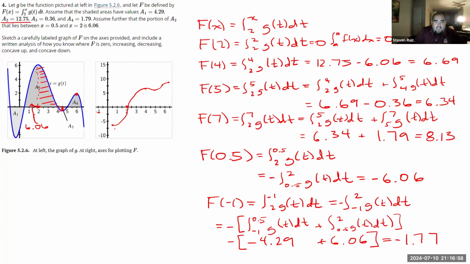So again, last thing I have to do is figure out how to connect those two points. I'm going to look for where the concavity changes, and it looks like the concavity is going to change where my function g reaches a local relative minimum. It's going to be concave down up to that point, and then it's going to switch to being concave up.